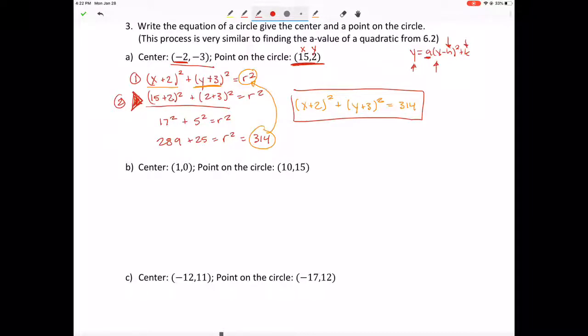So we plug this in, we'll get x minus 1 squared plus y minus 0 squared equals the radius squared. And then we plug in our x and our y, gives us 10 minus 1 squared plus 15 minus 0, which is just 15, squared equals the radius squared.